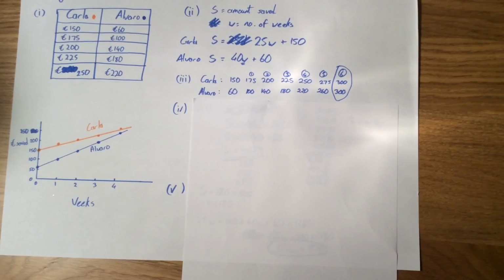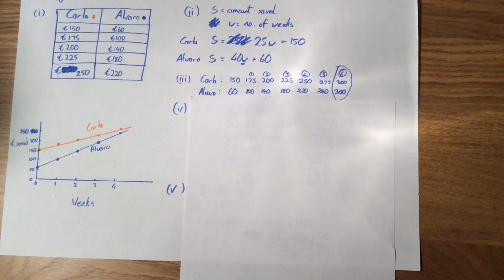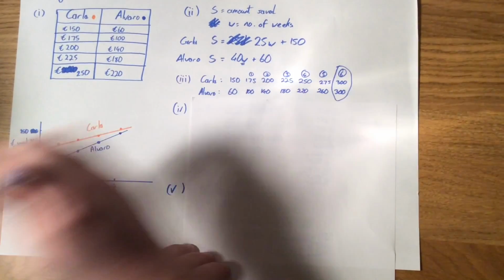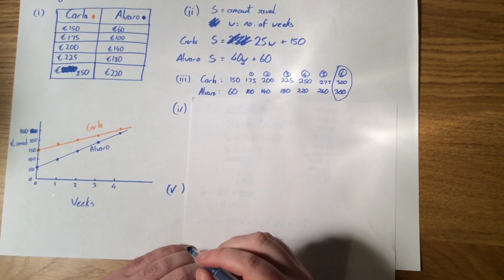Part 4. Okay, so if you're fairly shrewd at this point, you may notice that I have a white A4 page covering over a little bit of ink because I made a mathematical error with the next part of this question previously, so I'm just going over it again. Alright, so the question says that Alvaro stopped saving after 11 weeks.